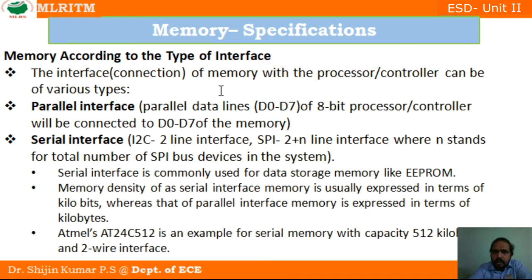Why 2 plus n? One line is for VCC, another is for ground, and one line is for connecting each peripheral device. We can consider memory as a peripheral device. N stands for the number of devices connected to the SPI bus. So the two types of serial interfaces are I2C and SPI.